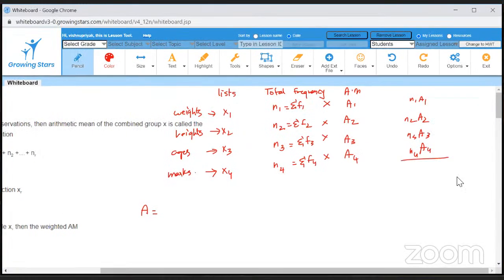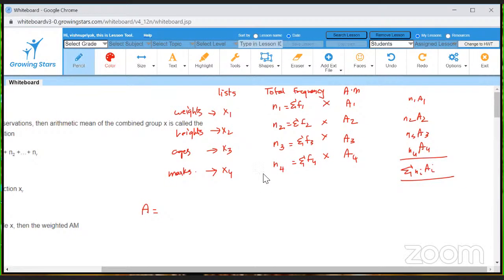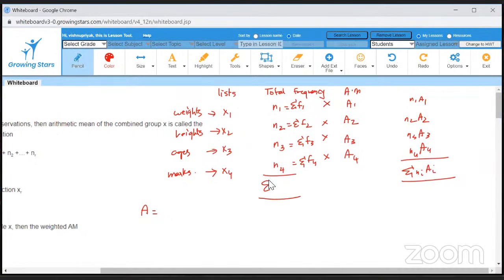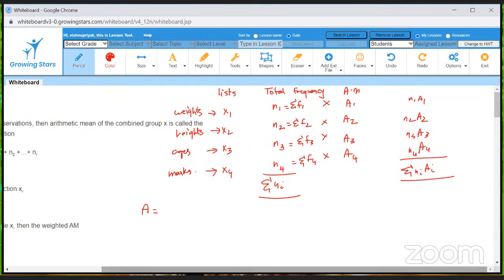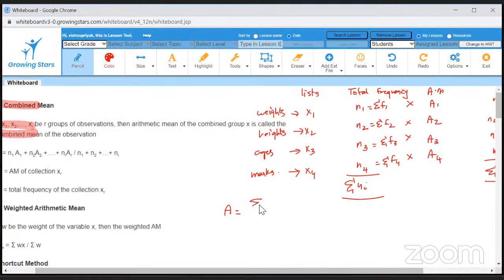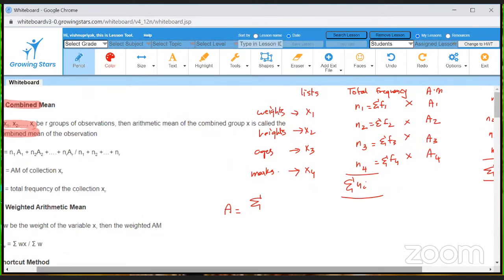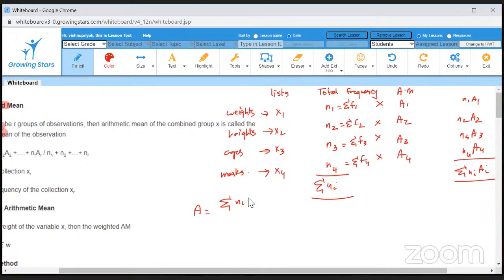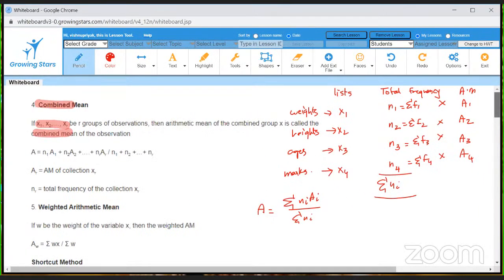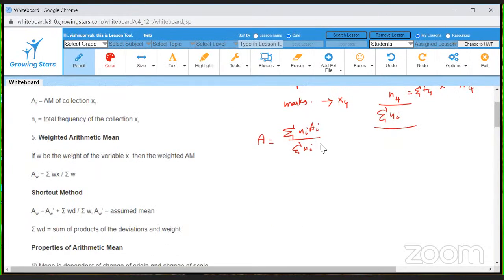You will add up sigma Ni Ai, and then you will add up all the Ni's, sigma Ni. Divide: the combined mean for all the lists is sigma Ni Ai by sigma Ni. This is the combined mean for many lists.